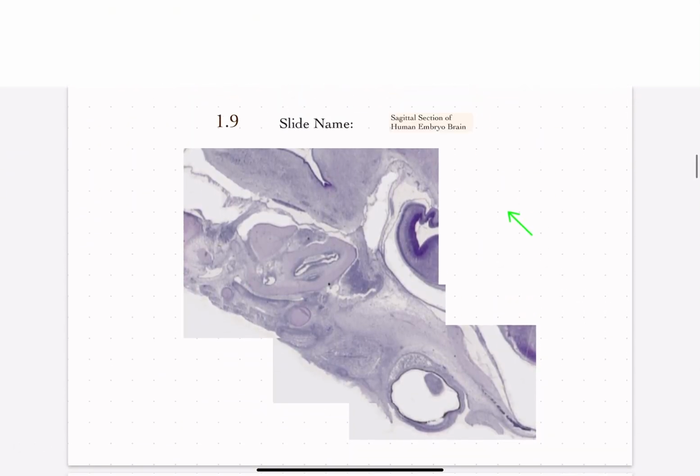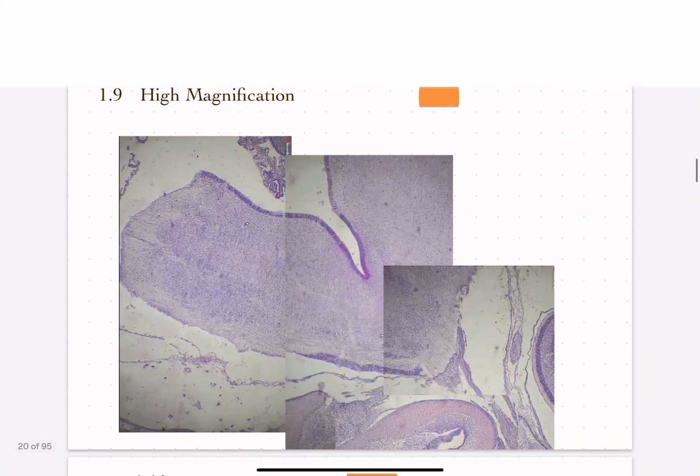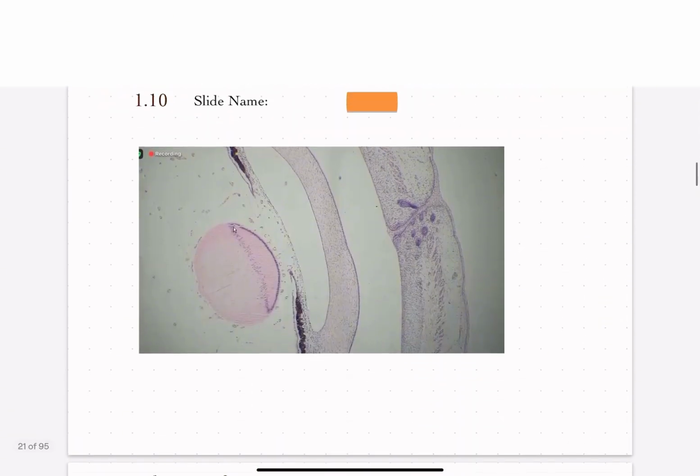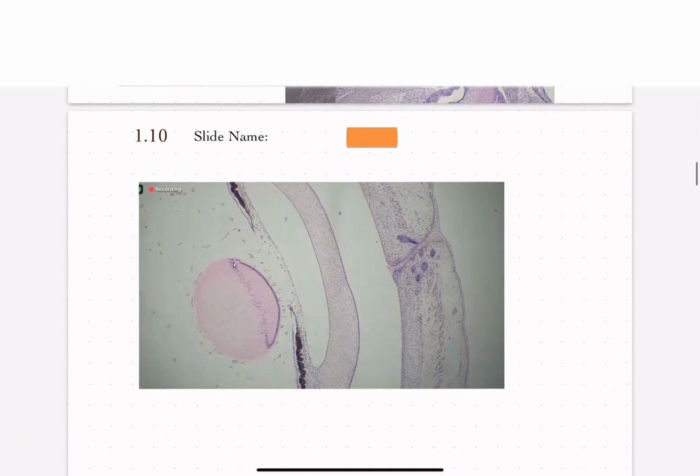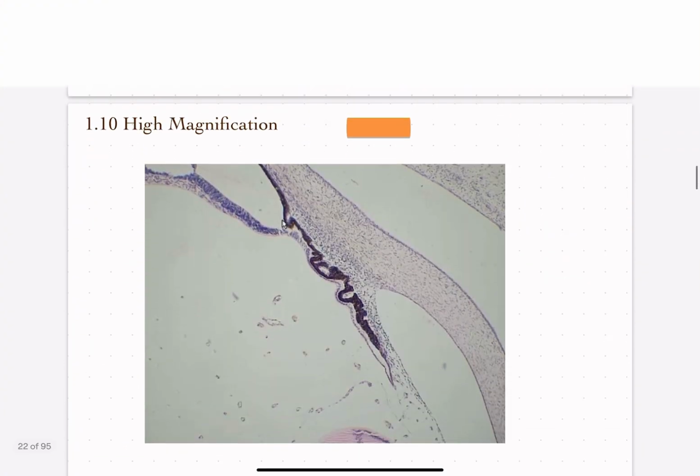And then we have the sagittal section of the human embryo brain. And then zooming in, we had the developing pons. Final was the developing eye. We had this before, and then zooming in was the ciliary process, or developing ciliary process.